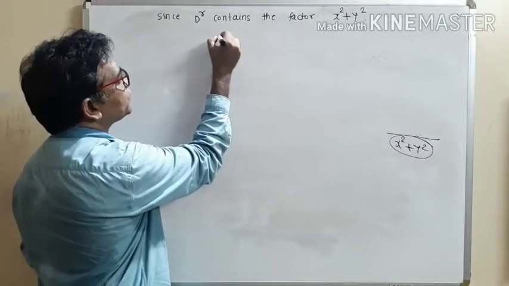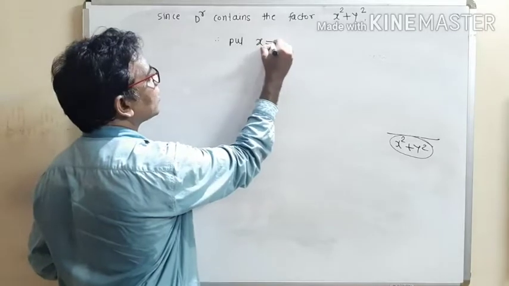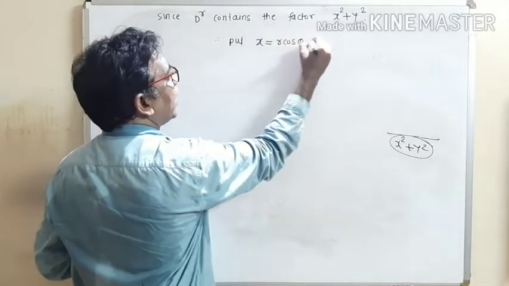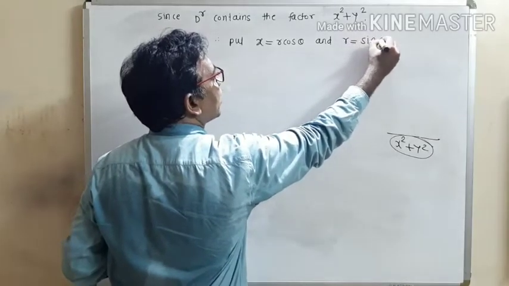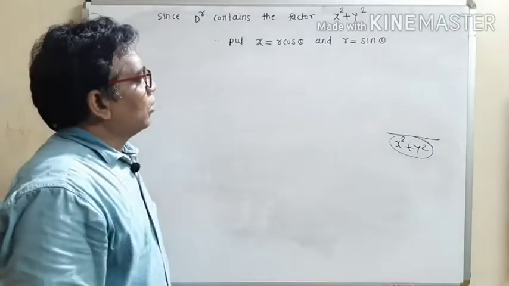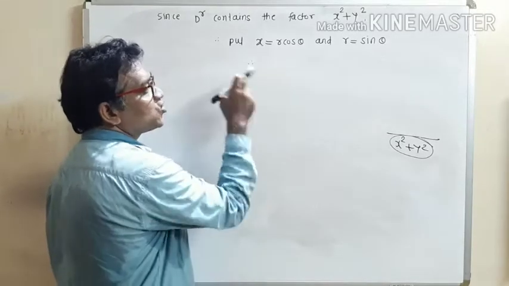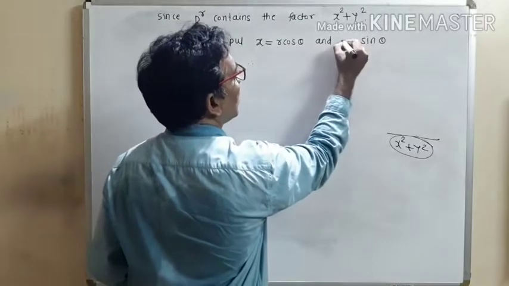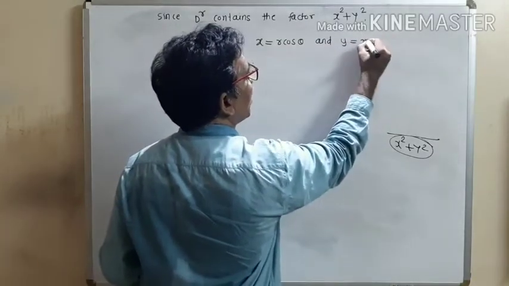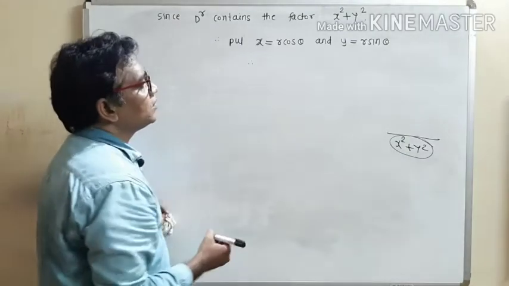So write down the substitution, therefore put x equal to r cos theta and y equal to r sin theta. What is the next step?